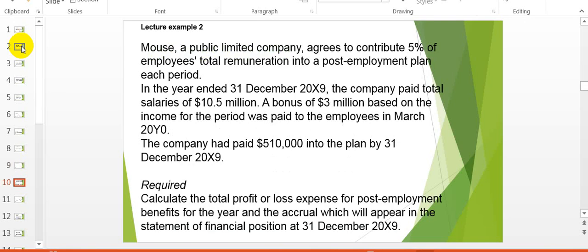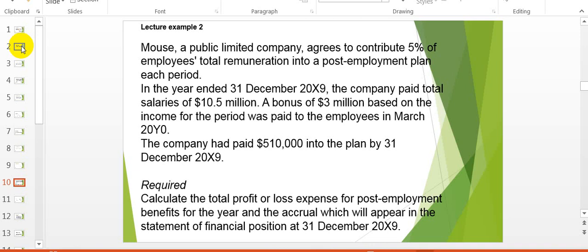Let's look at an example. We have an example of Mouse PLC, which agrees to contribute 5% of employees' total remuneration into a post-employment plan each year. In the year ended 31st December 2009, the company paid total salaries of 10.5 million. A bonus of 3 million based on the income for the period was paid.